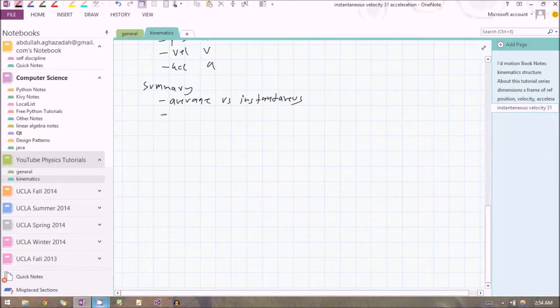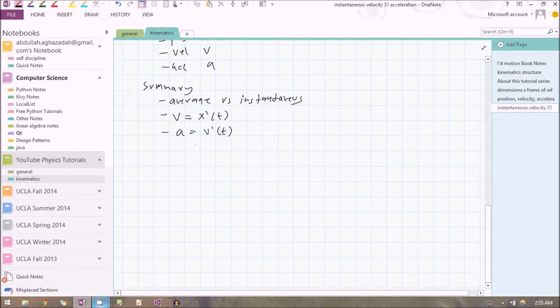And in the previous tutorial, we talked about how to find the average, and in this tutorial, we talked about how to find the instantaneous. So we said that velocity is going to be the rate of change of the position, so x prime of t, and then we also said that the acceleration is going to be v prime of t.